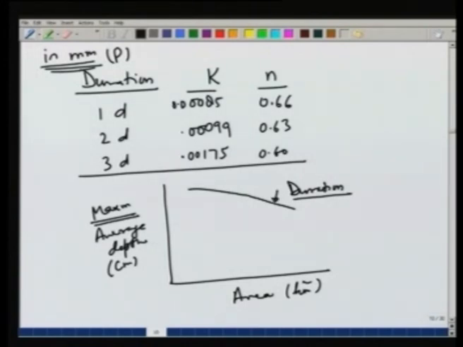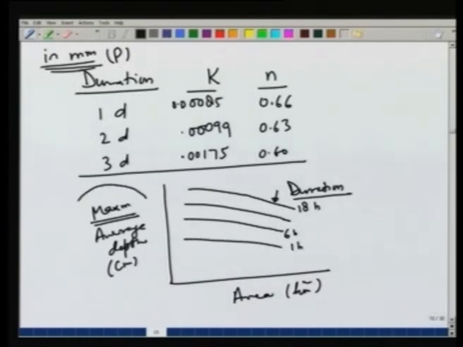So, for different durations we can have these different curves. This for example, may be 18 hours, this may be 6 hours, 1 hour and so on. So, the maximum average depth means that we will take some extreme storms occurring in that area, and using those extreme storms we can estimate what is the depth for different areas.